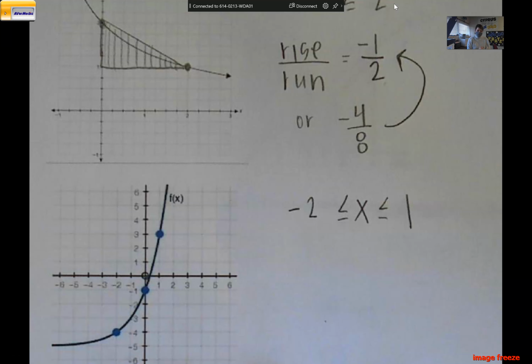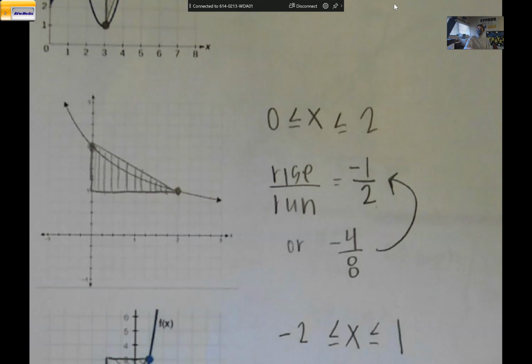Show me what you're thinking. Did I do this wrong? No, I didn't. I got 7/3.